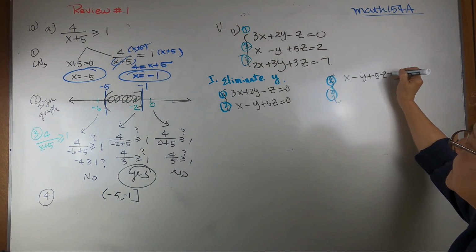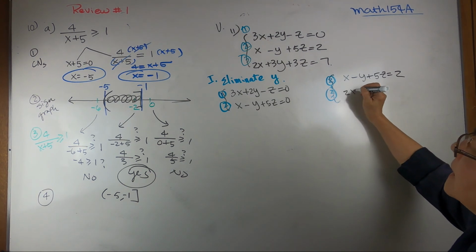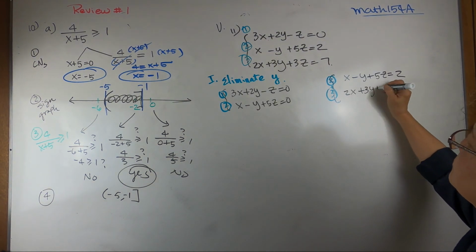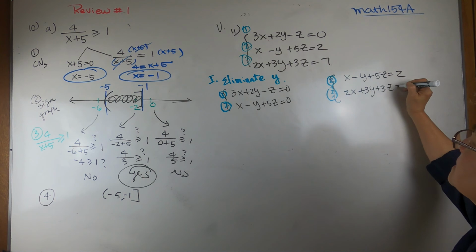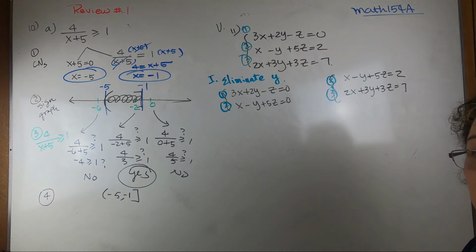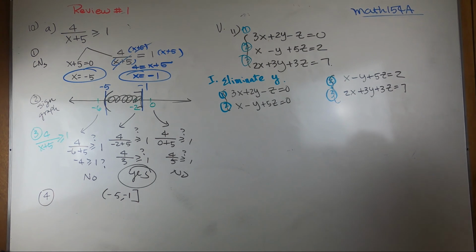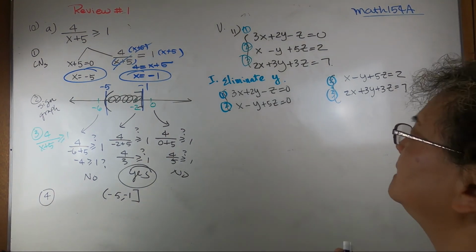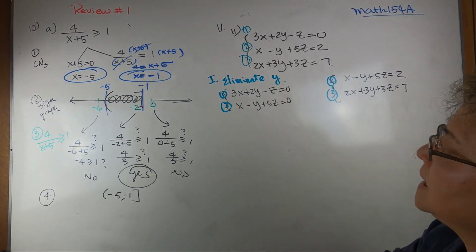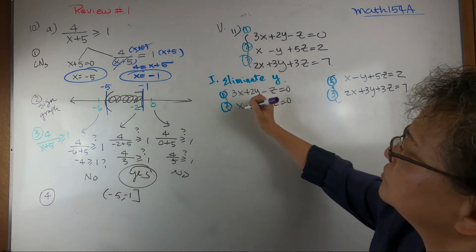When you decide to get rid of y, you do it for 2 conditions, different situations, all for y first. To get rid of y, you need one positive 2, one negative 2.